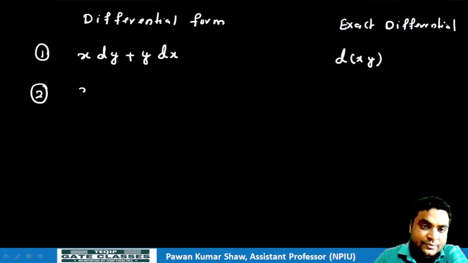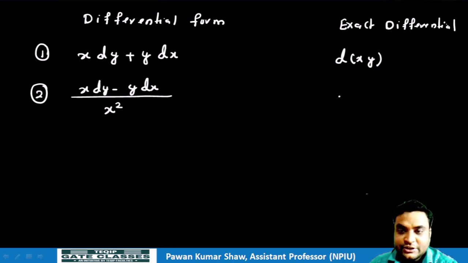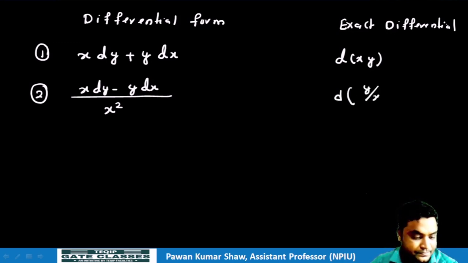Okay, another, suppose x dy minus y dx divided by x square. So in that case, this differential expression we can write as d of y by x.